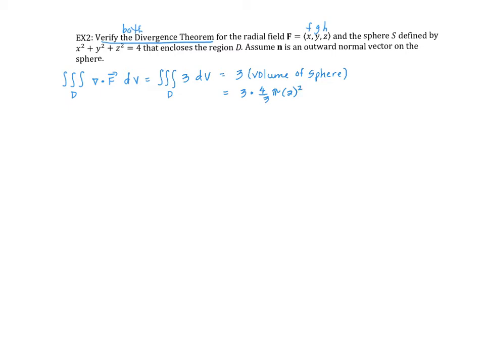Okay, so that's going to be 4 times 8, 32 pi. Now remember, this divergence theorem, we're computing flux or flow. Although it wasn't asked for in these questions, this is a positive flux, so it would be a source, right?